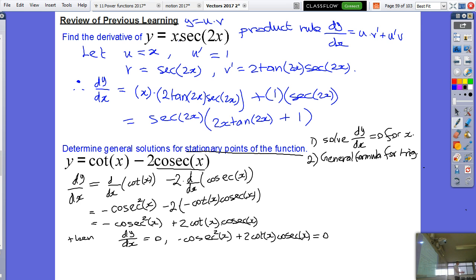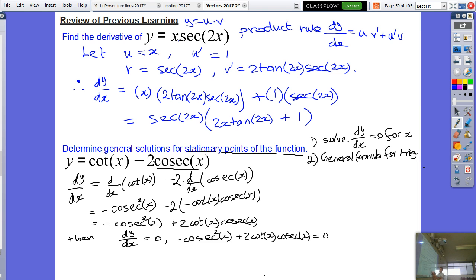Alright, so now we start thinking about how we're going to solve this equation. First thing is, can we collect terms in a way that allows us to employ the null factor theorem? That's very advantageous to consider because we've got the equation equal to 0. When something is equal to 0, we need two factors that multiply to equal 0, and then we can use the null factor theorem.